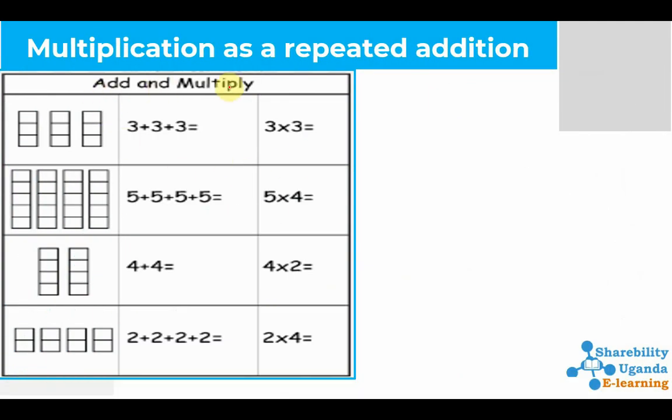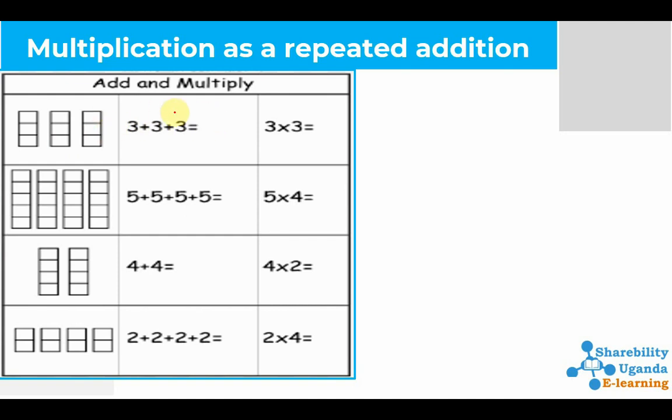Let's look at more examples. Add and multiply. So this is the formula that we are using. You add and multiply. For example, we have our boxes here. It is arranged in threes, but they are placed 3 times. So we shall say a 3, which is this one, plus a 3, which is this one, plus a 3, which is this one.